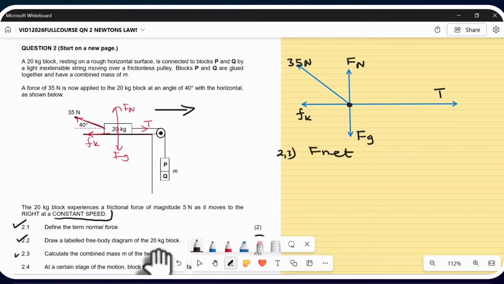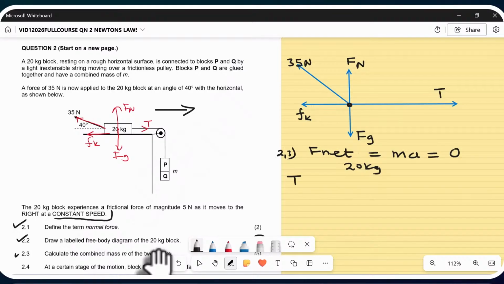If you look at our first diagram here, the 20 kg block, our tension T is opposed by the frictional force, that is Fk, and also opposed by the component of the 35 N force which is horizontal.